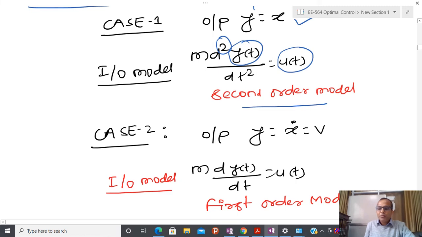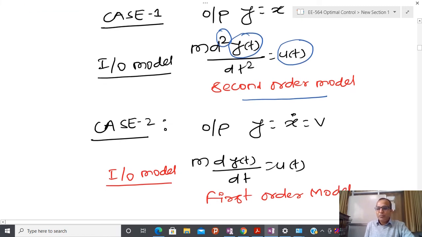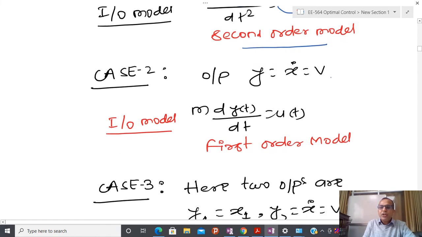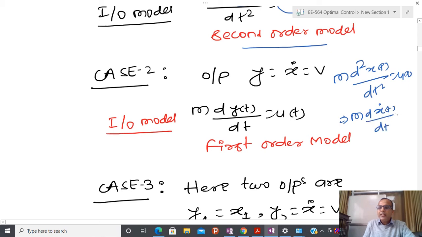Now let us come to the second case, because I am going to see the order of the model and how input and output are dynamically related. Dynamically related means, since a differential equation comes into the picture, in order to understand the output y(t), I have to understand the control as well as the initial condition. And after that, if I fix y equal to x dot, you can see that x dot is already here and my equation is m d²x(t)/dt² equal to u(t), and I am also able to write this as m dx dot(t)/dt equal to u(t).